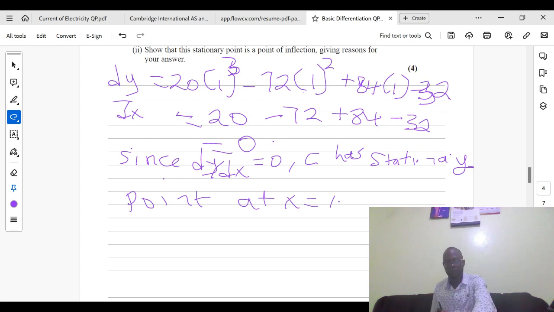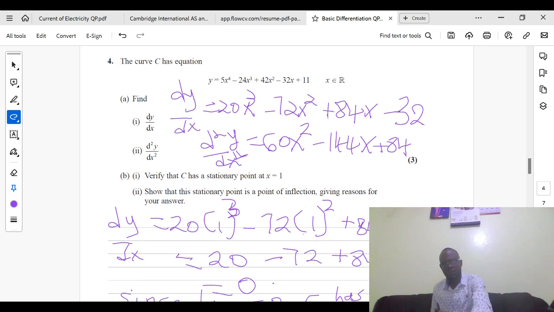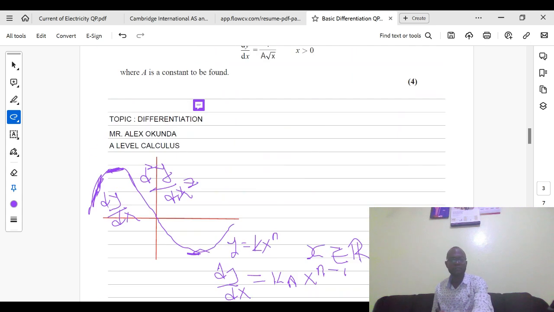Now, next one: show that this stationary point is a point of inflection, giving reasons for your answer. For our information, there are three types of stationary points.